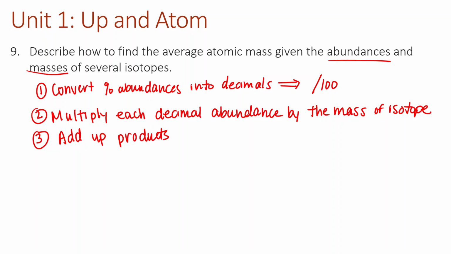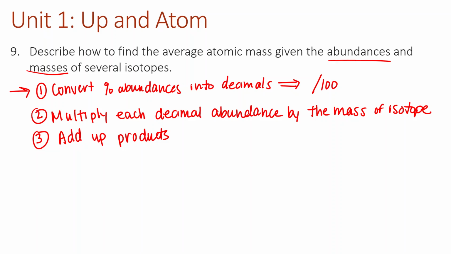Now, one of the things that students often do whenever they do this problem is that they'll give me an average rather than a weighted average. So a weighted average takes into account the fact that they have different abundances. A regular average assumes that everything has the same abundance.